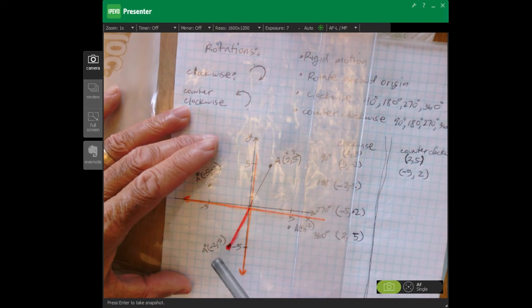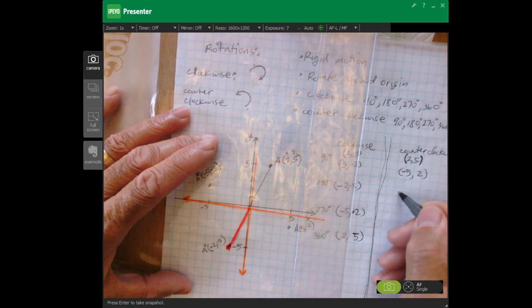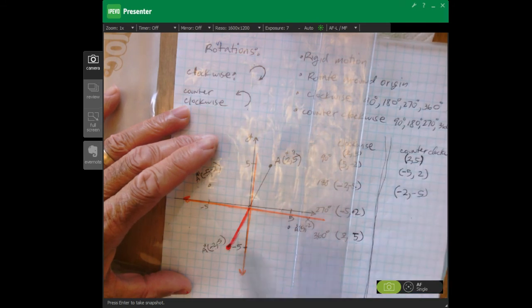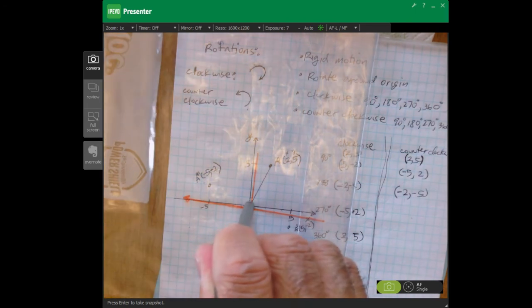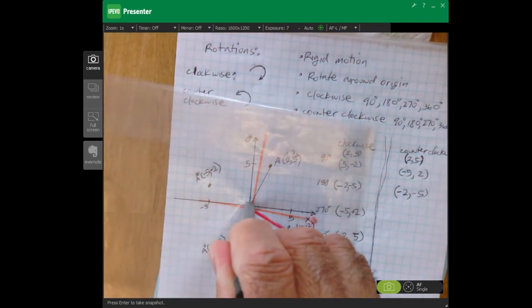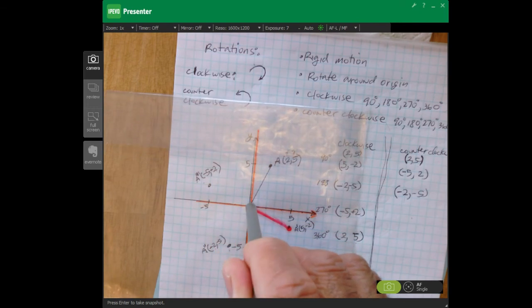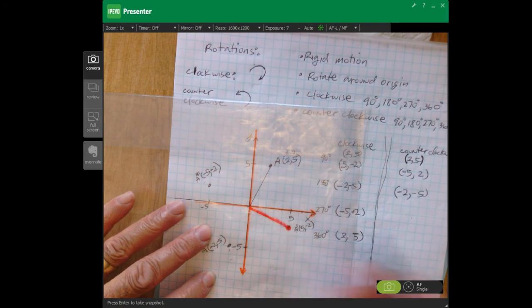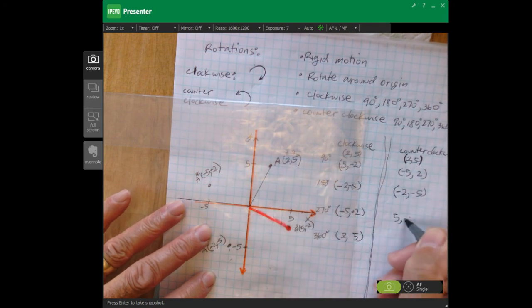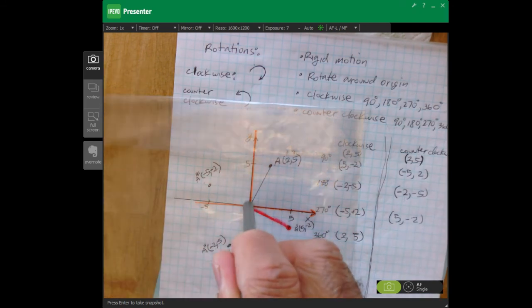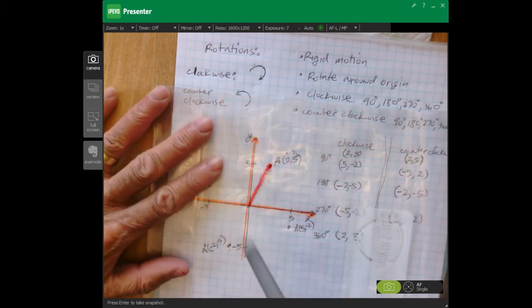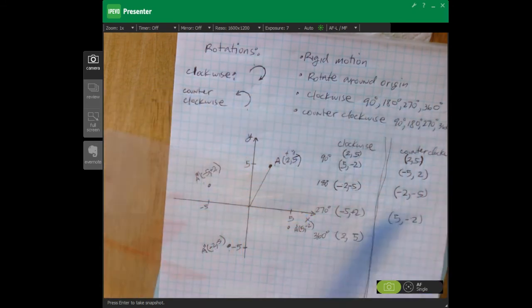And what's the point? -2, -5. Okay, we're going to go again, rotating, and there it is. So we have 5, -2. And then finally, one last spin puts it right back to the beginning, and it's 2, 5.